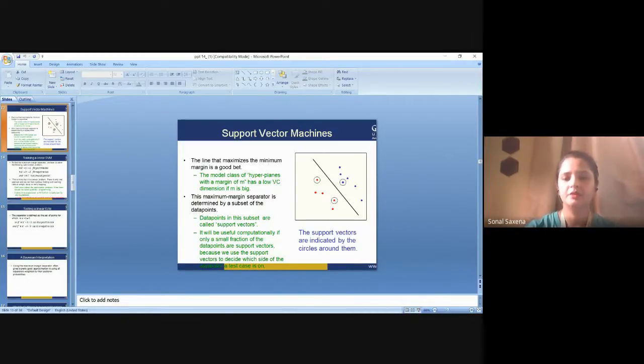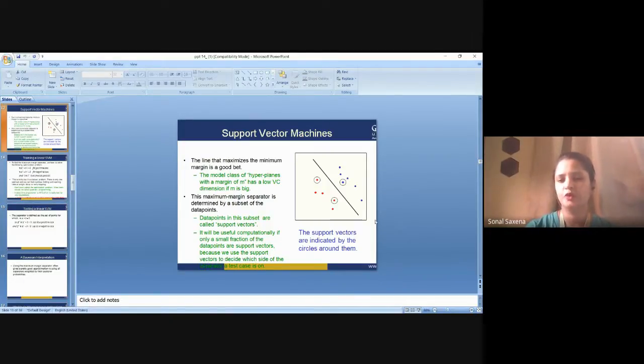So here you see an example of a separating line. The line that maximizes the minimum margin is a good bet. So the model class of hyperplanes with a margin of m has a low VC dimension if m is big. And the maximum margin separator is determined by a subset of data points. The data points in this subset are called support vectors.